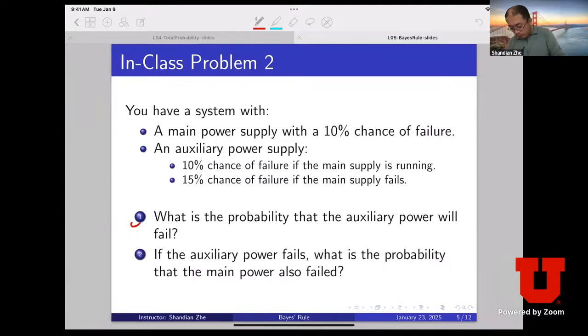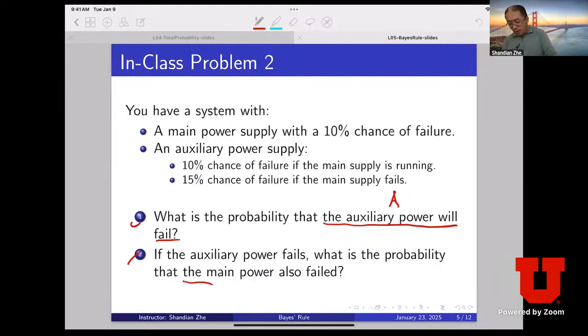So again, we're gonna define this event, the auxiliary power fails, as the event A. Things are really interesting: when we observe that the auxiliary power fails, can we quantify the probability or the chance that the main power also failed?